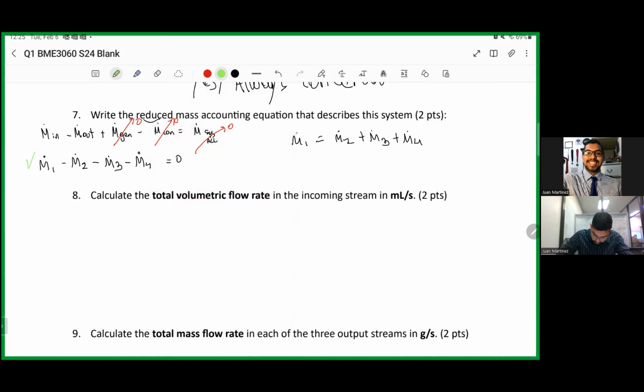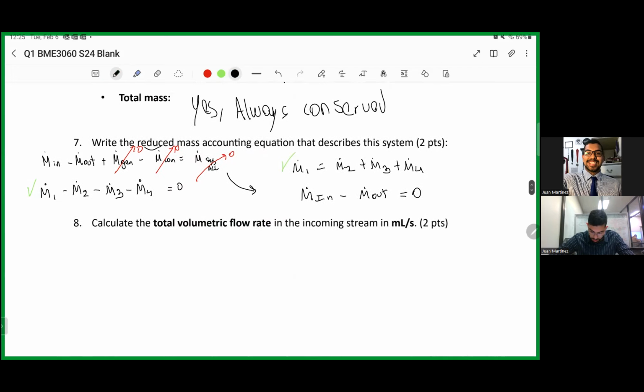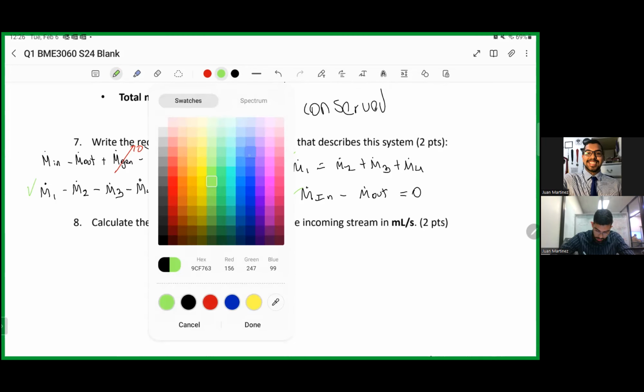This is also correct. And the other one that you can say, getting from here, is mass in minus mass out is equal to 0, which is also the reduced mass accounting equation, okay? Those three are correct. You can say the three or choose one, whatever makes you happy, okay?